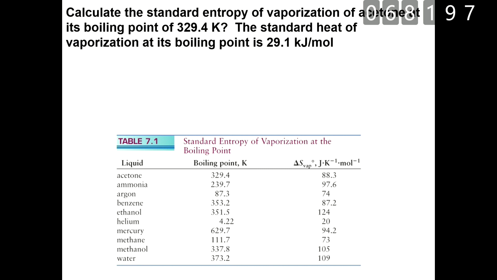Okay, now the question. Calculate the standard entropy of vaporization of acetone at its boiling point of 329.4 Kelvin. We know the standard heat of vaporization at its boiling point is 29.1 kJ per mole.